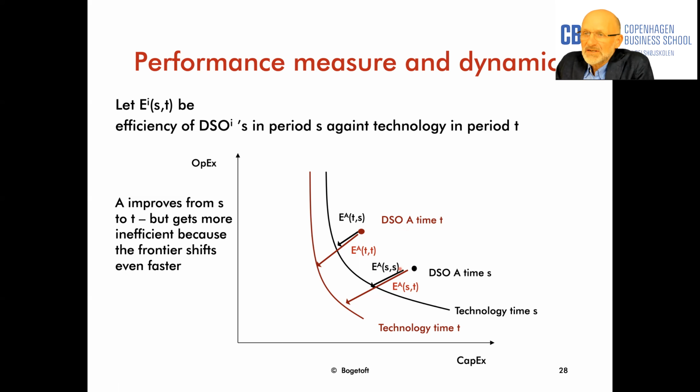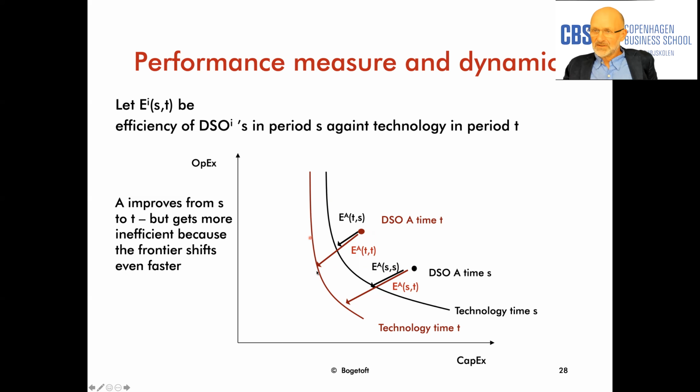Now at time T, I moved from this point up to this point, and now actually my distance to the frontier is smaller. The length of this black arrow is smaller than the length of this black arrow here. So I've kind of caught up to the frontier, you can say. The problem is just that from time S to time T, there's also been a shift in the frontier.